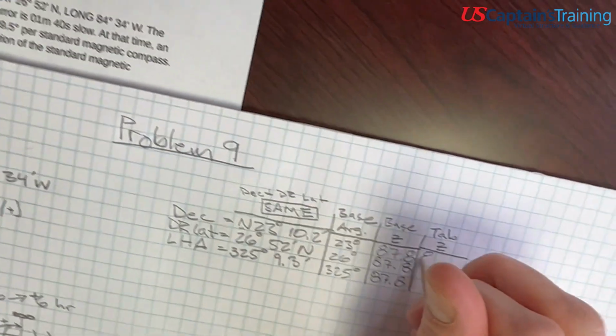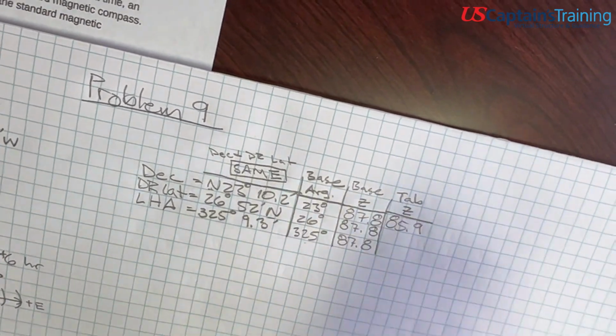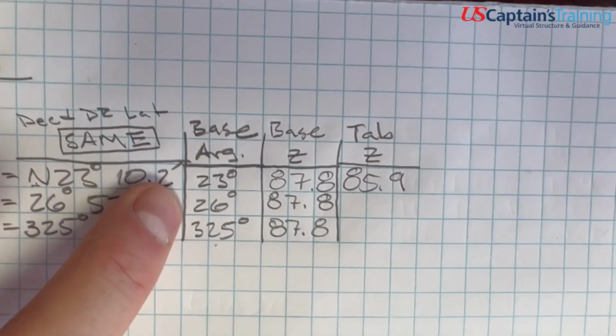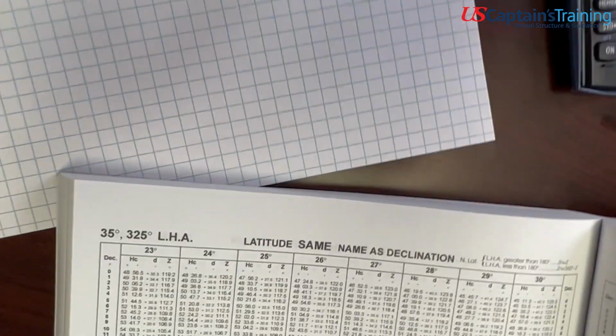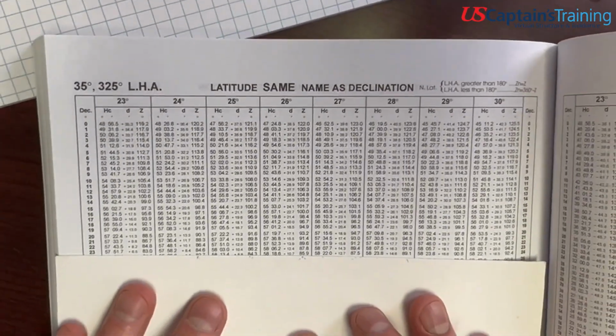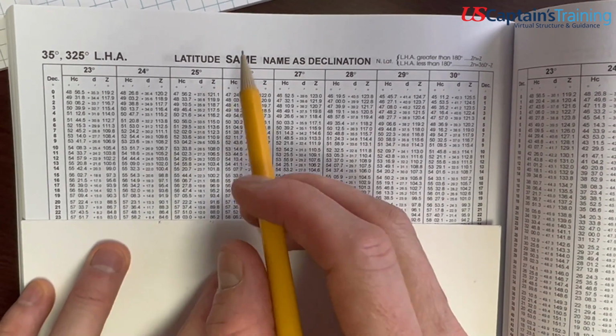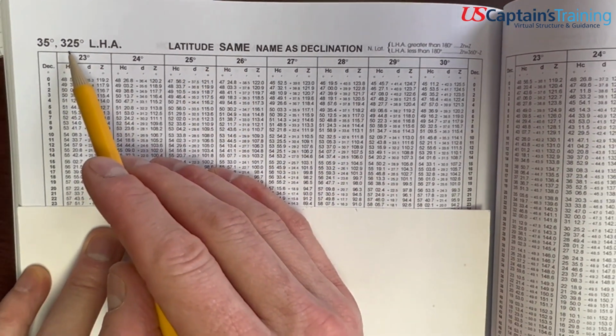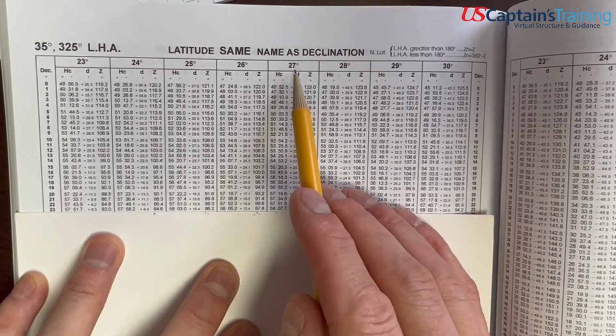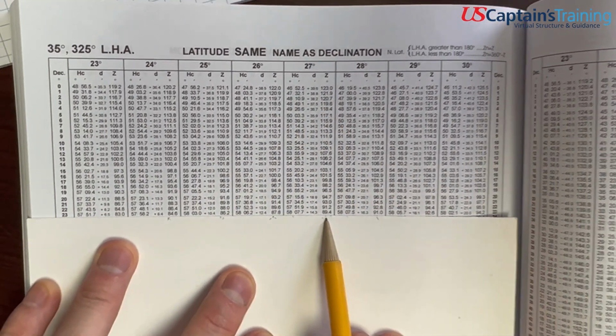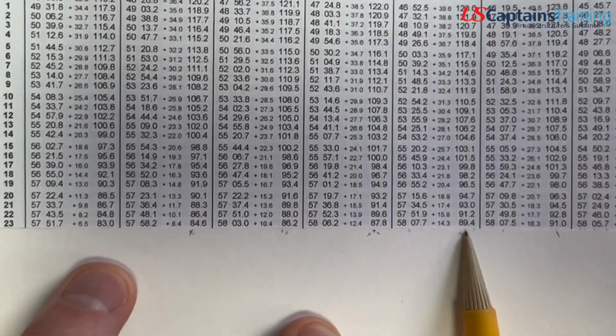And now we're at 23, 27. So back, make sure we get our declination right, 23. And now we're same, 325, 27 Z column down to 23 Dec. 89.4.